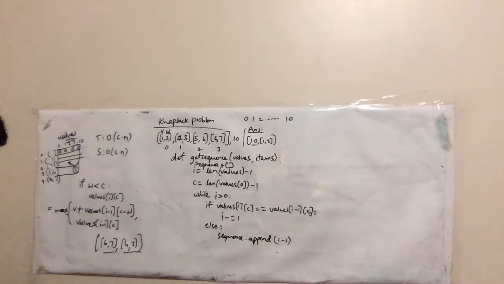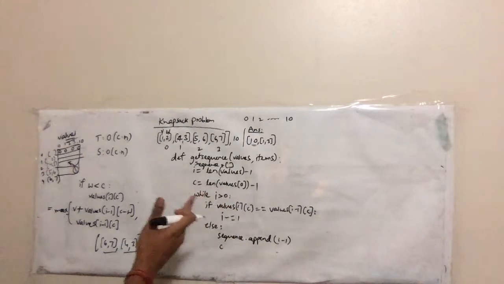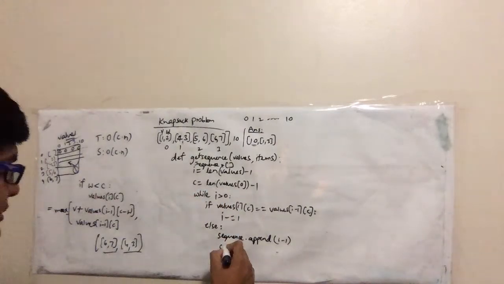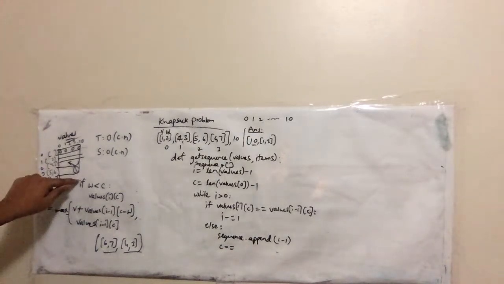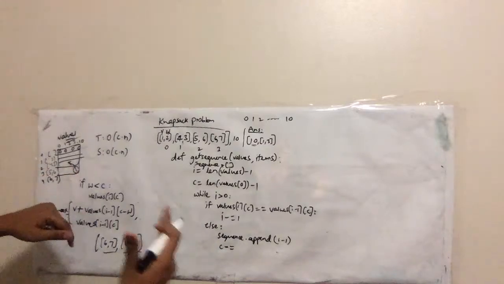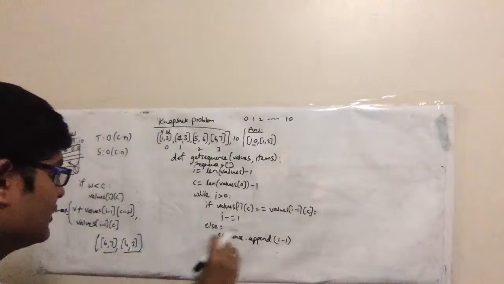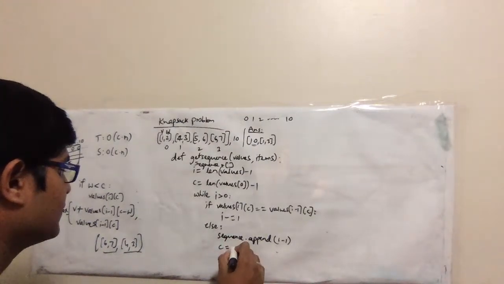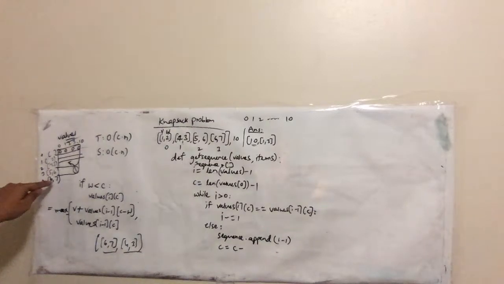And similarly, we need to go to c minus equal to. If you have taken this value, we need to subtract that from the capacity. So c is equal to capacity minus what is present in this index, the value.